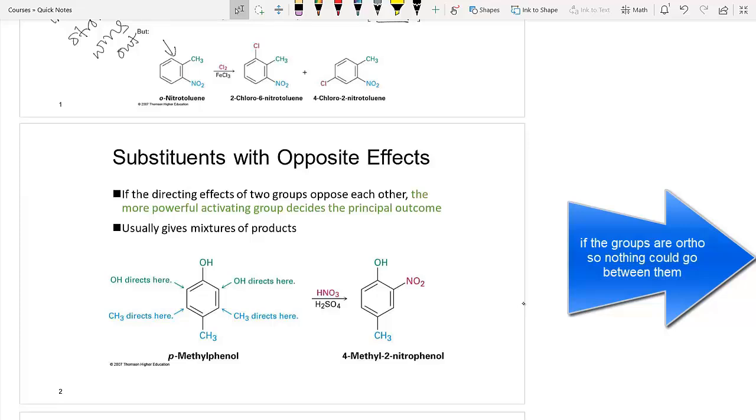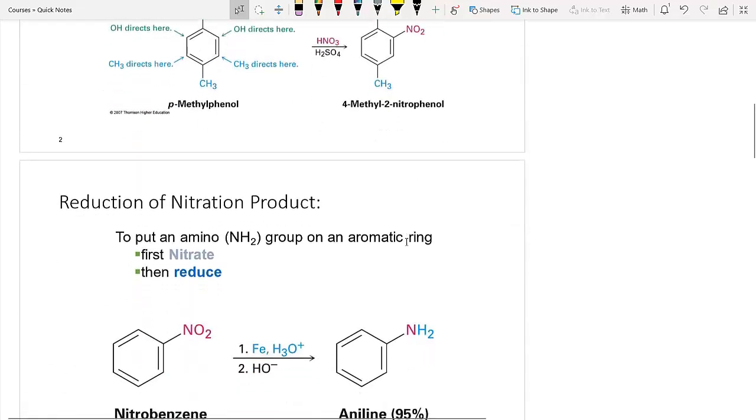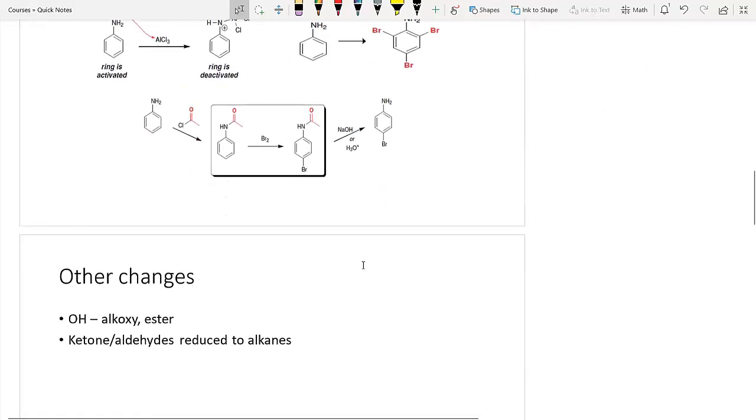So if we have a substituent that is a stronger activator, that stronger activator is going to dominate the position in which things are going to lie. For instance, OH is a stronger activator, so it will dominate over a methyl group.